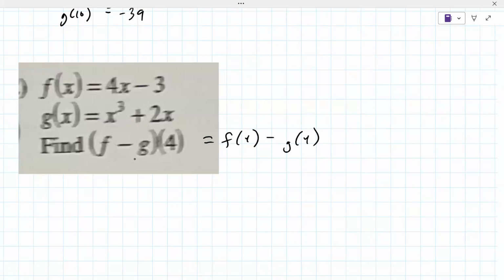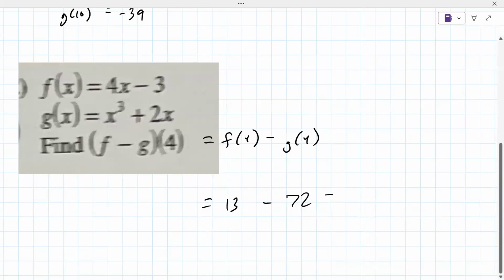Okay. Let me write that down. 13 minus 16. What is it? 64 plus 8. So 13 minus 72.